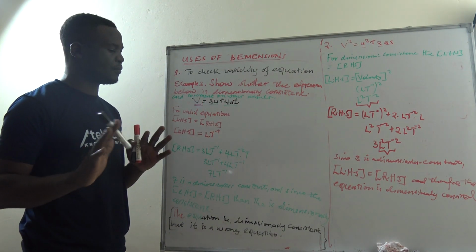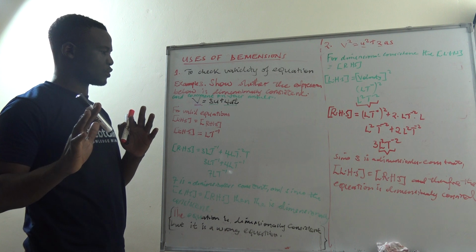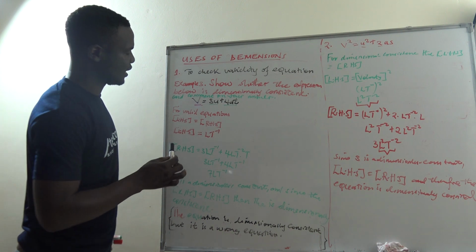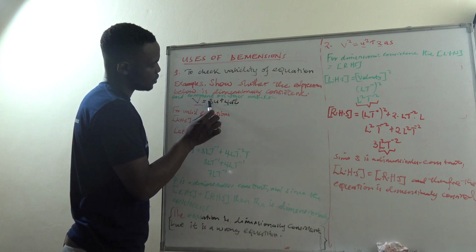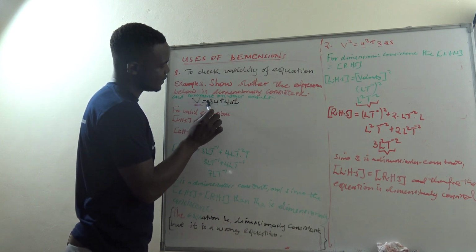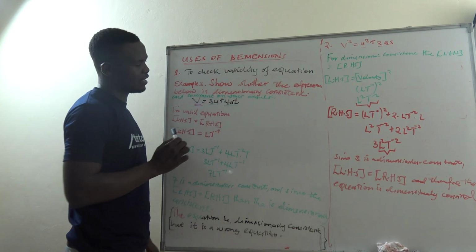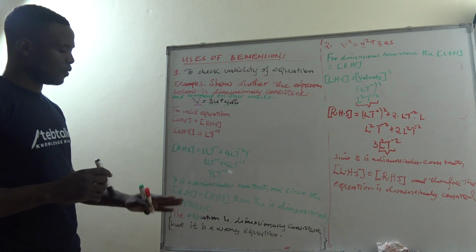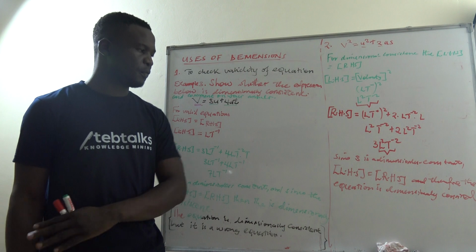It doesn't give reasons whether the equation is correct or wrong. Why does it fail? It doesn't give an account of these constants, that is, that they are dimensionless. So for now, let's stop here.